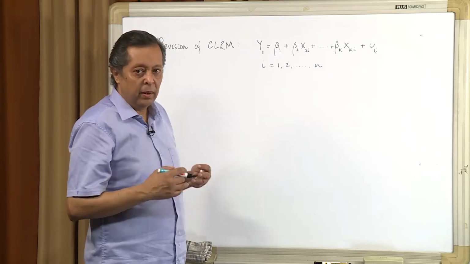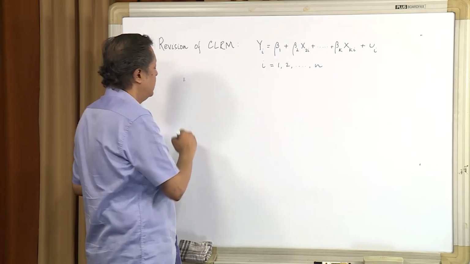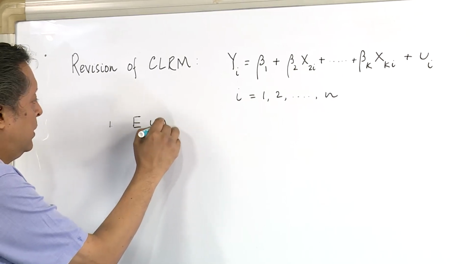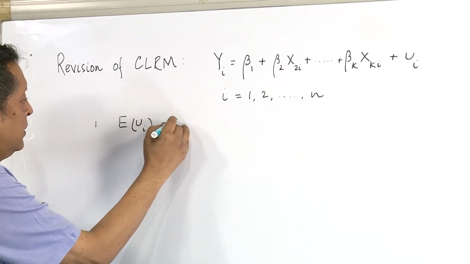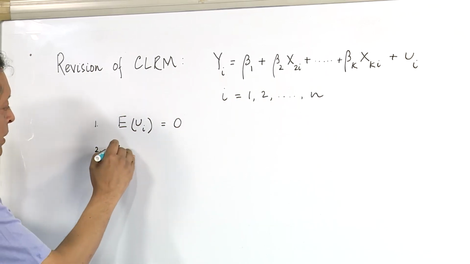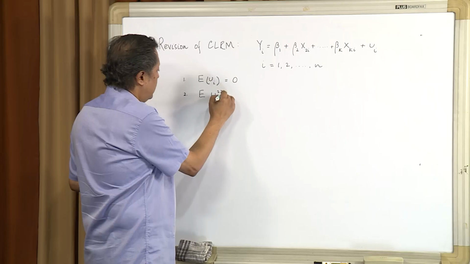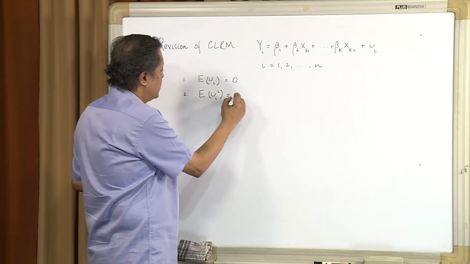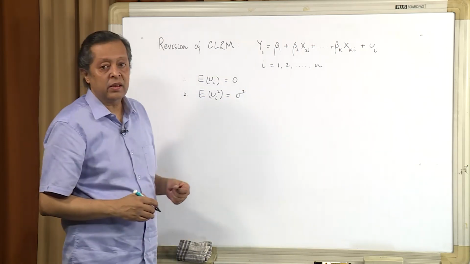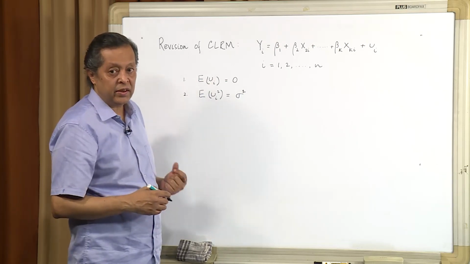Now, the assumptions of this model are: first, expectation of ui is 0. Second, variance of ui, which turns out to be expectation of ui square, is equal to sigma square, which means that the model shows homoscedasticity.